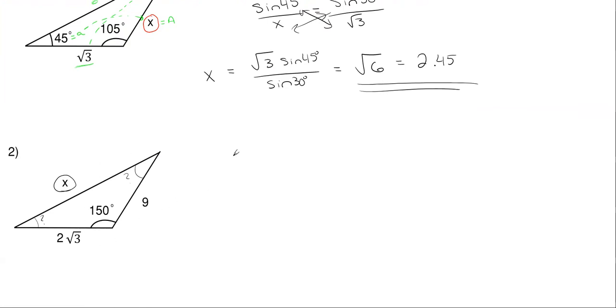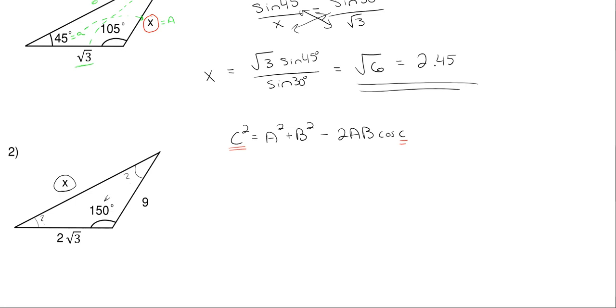Whenever this happens, try the law of cosines, which is utilized when you have less information. It would be c squared is equal to a squared plus b squared minus 2 times a times b times the cosine of little angle c. So what are these variables and what do they mean? Your side c would be the side that is opposite the little angle c.